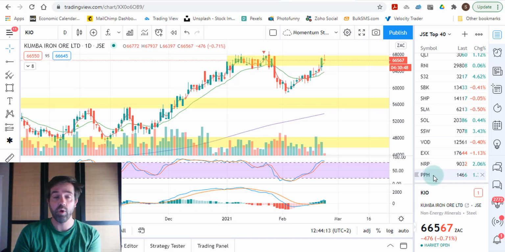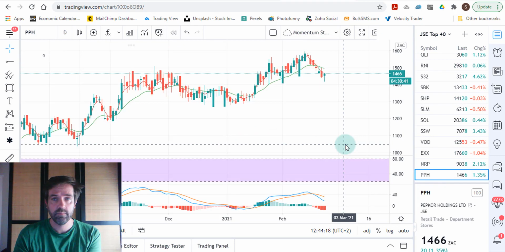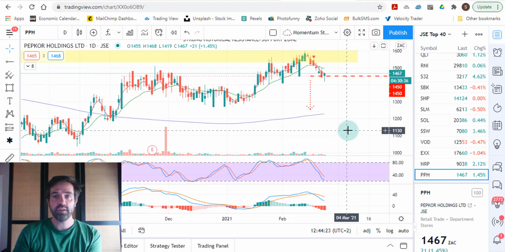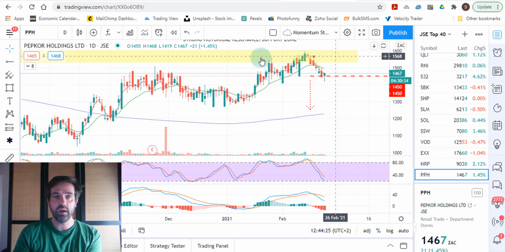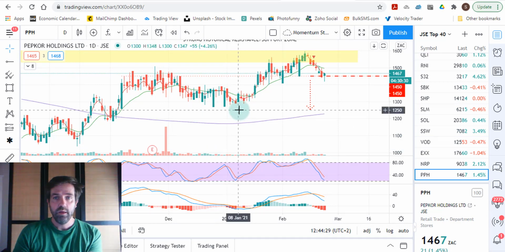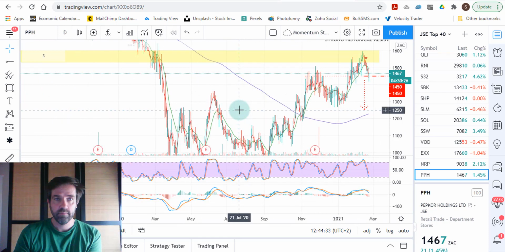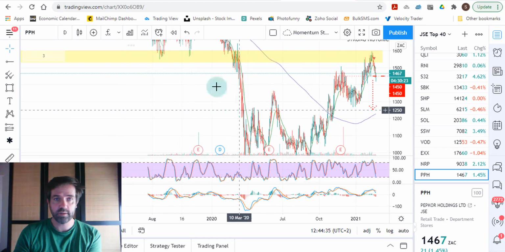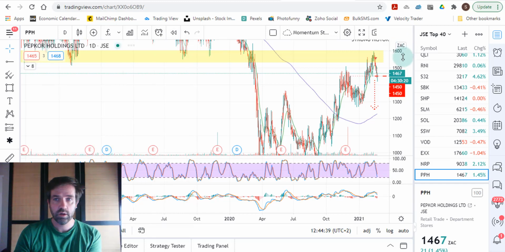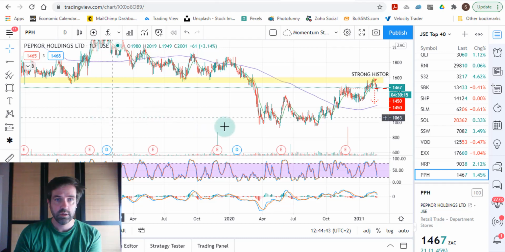So this is Pepcore Holdings. Okay, so first things first, we see the resistance level that I plotted previously. Let's have a look to see where it comes from. So it goes all the way back to these levels over here, which are, let's zoom out.